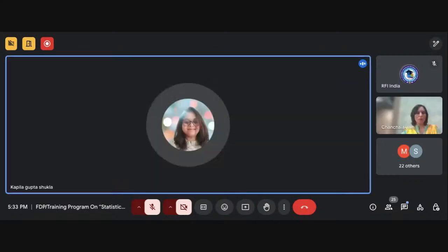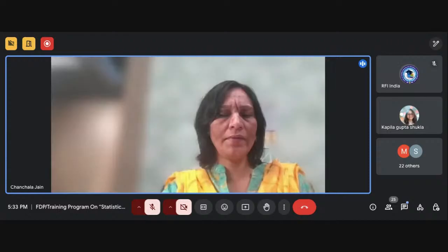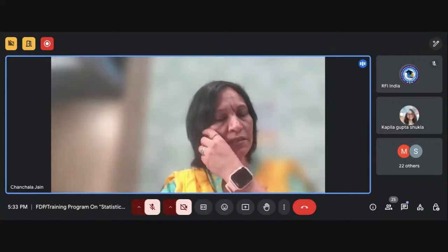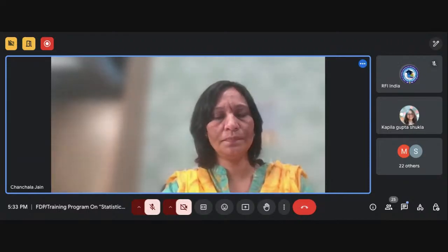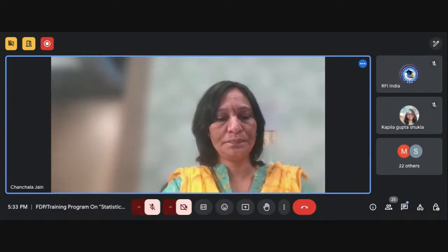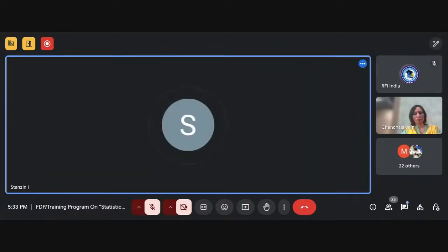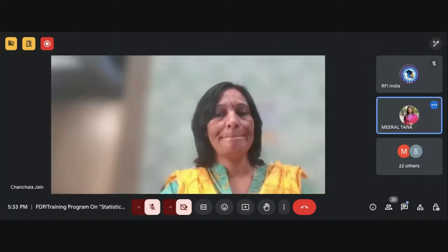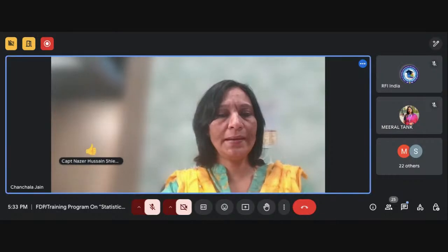Okay, so on the WhatsApp group, I haven't received any sheet link. Maybe if it can be done again, because I checked it twice. I do not have it. Can anyone confirm whether the sheet is available on WhatsApp or not? Yes, ma'am, the sheet is available on the WhatsApp group. Kapila ma'am, you please check.